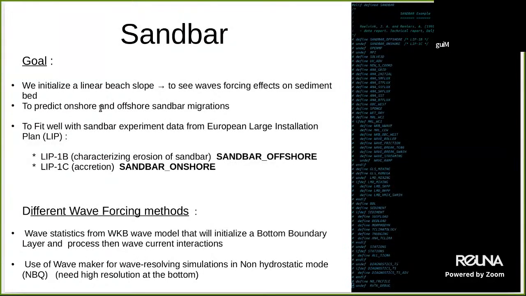Also, we are using experiment data from a European large installation to see if the simulation of CROCO fits well with this data. There are two experiments: the 1B, so it's here in the CPP file on the right. 1B stands for the offshore case, and 1C is for accretion. So you have to switch on the onshore flag if you want to see the accretion process.